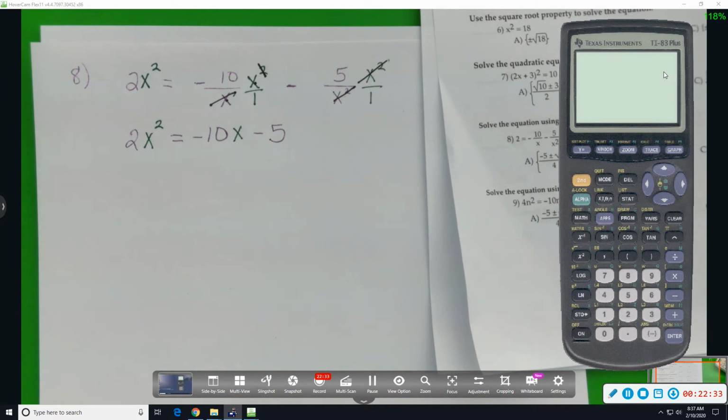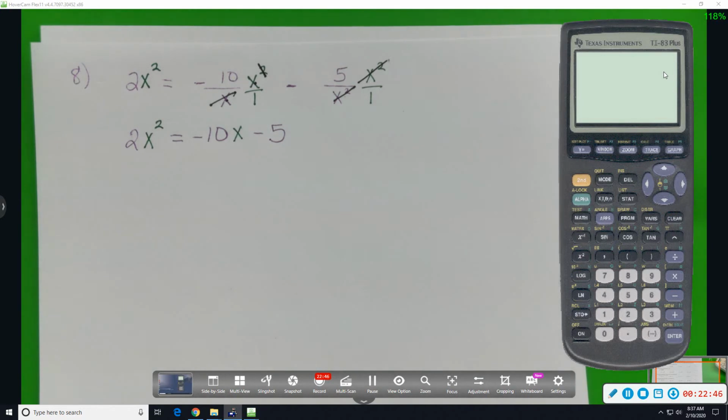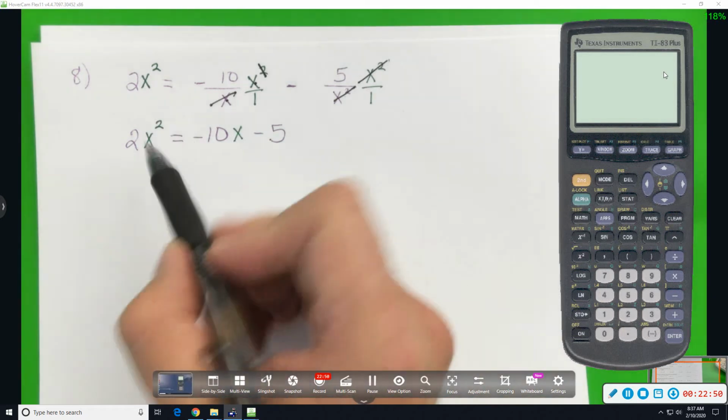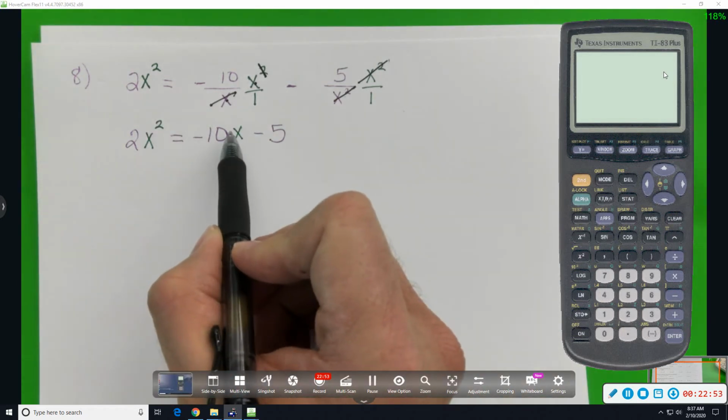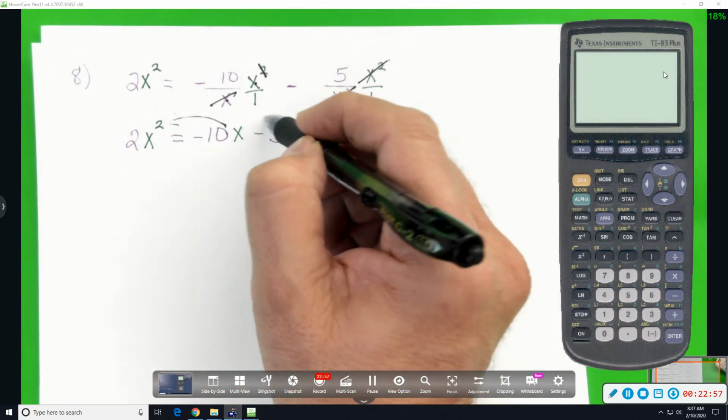Now, this is a quadratic equation, so it doesn't matter whether you're factoring it or using the quadratic formula. You need to get a 0 on one side and then write it in standard form. I'm going to get a 0 over here on the right by moving the 10x to the left and this 5.